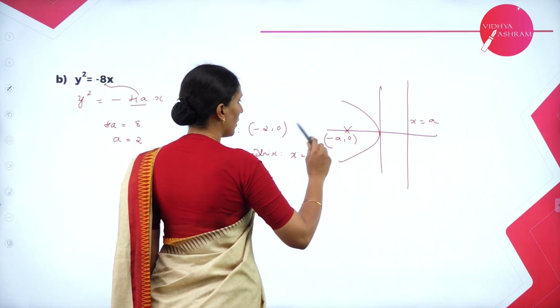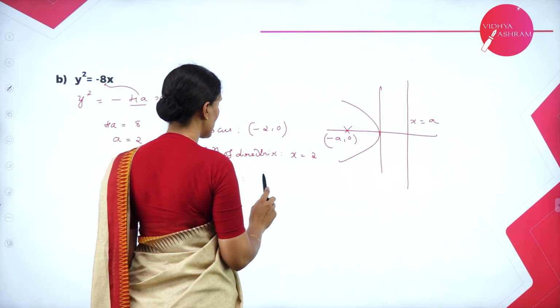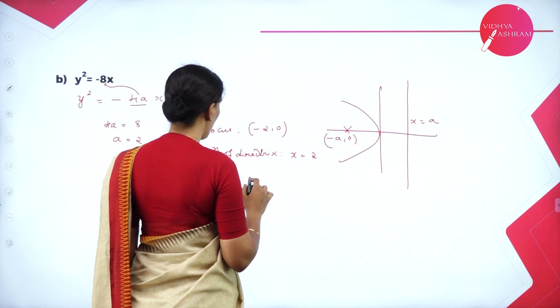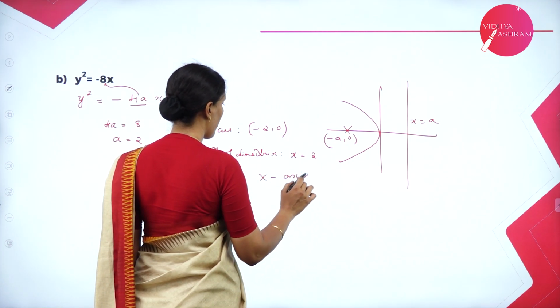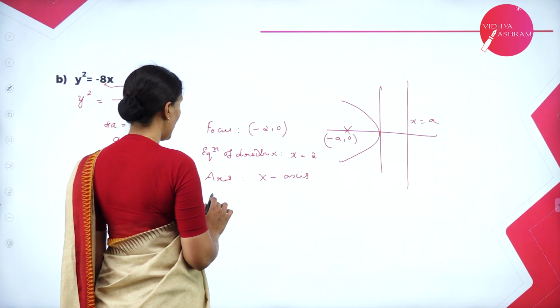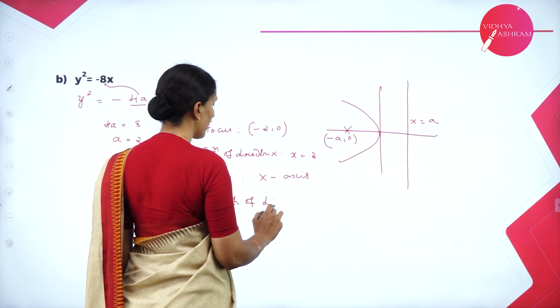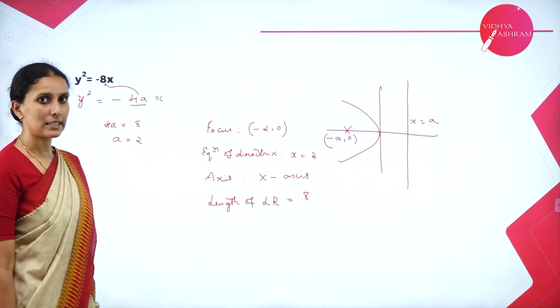That means the line passing through the focus, which is the axis of symmetry, that is x-axis. And here the length of latus rectum is again 4a, and the value of 4a is 8. So therefore it is 8.